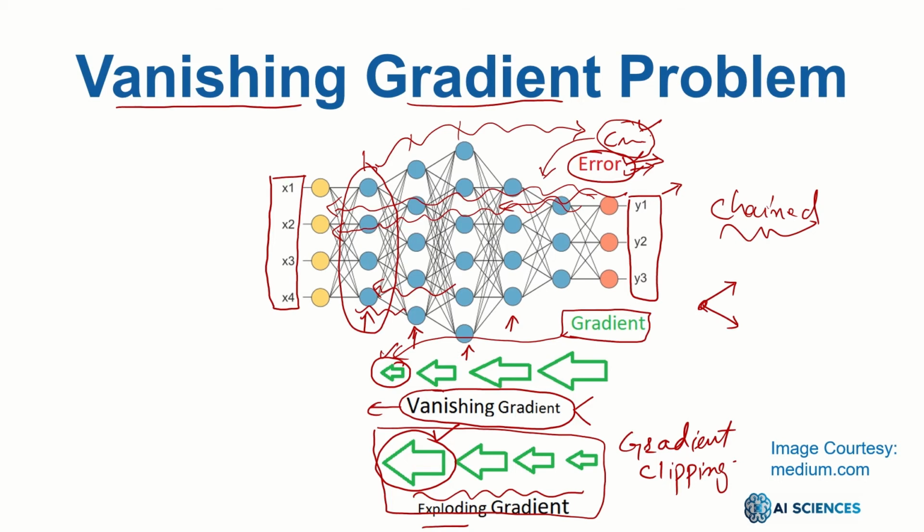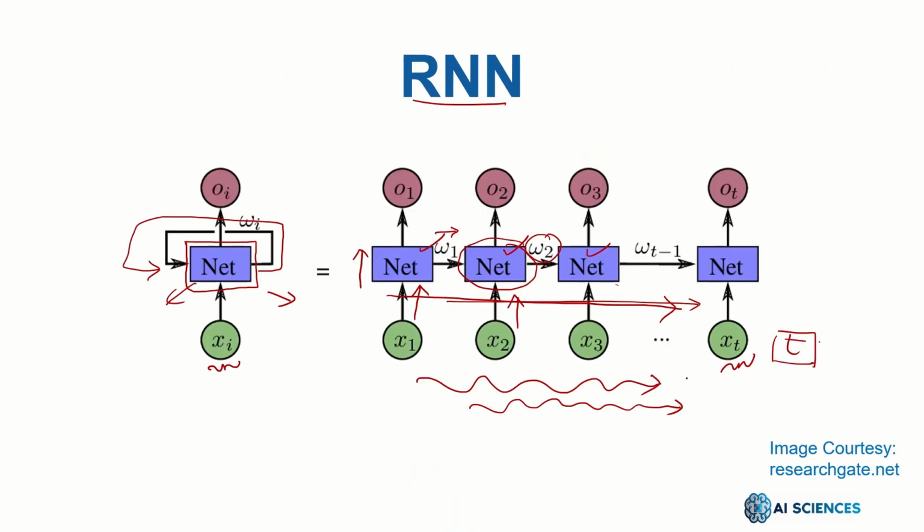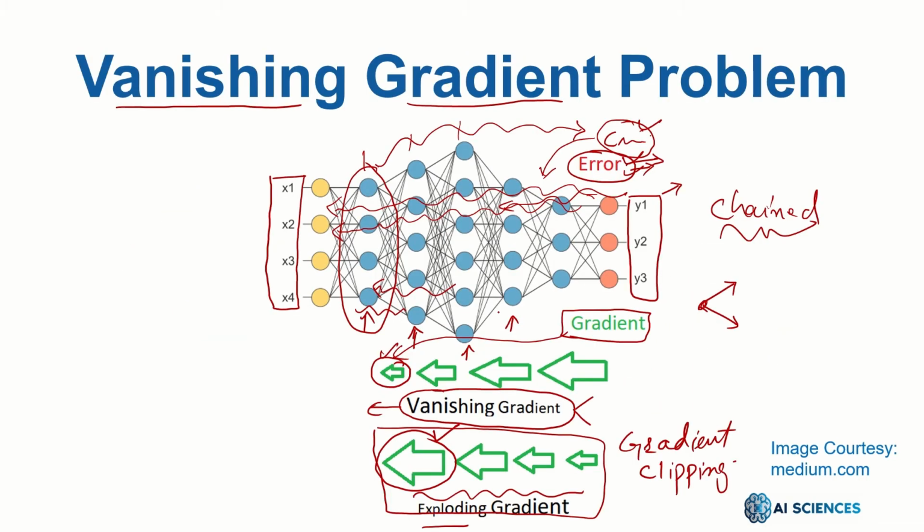So in recurrent neural networks, depending upon the time in the input sequence, the network can be unrolled for several time steps, thereby making a huge and very deep neural network, and the vanishing gradient problem becomes a natural bottleneck.